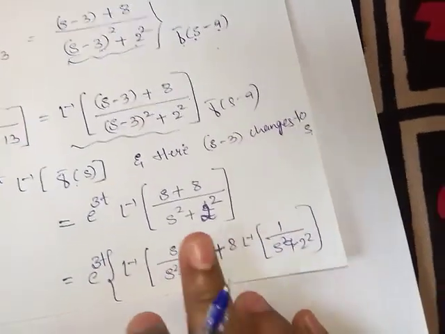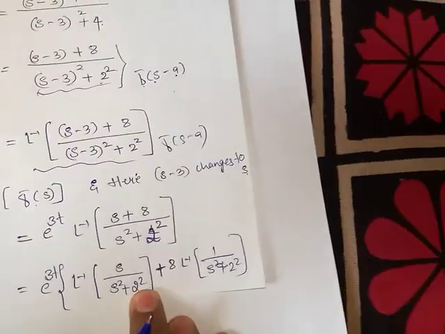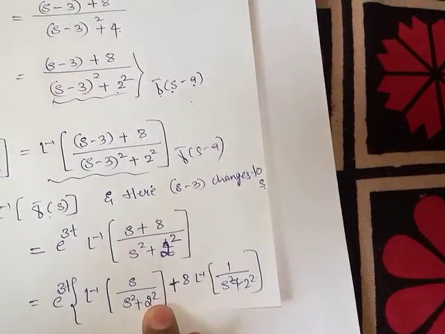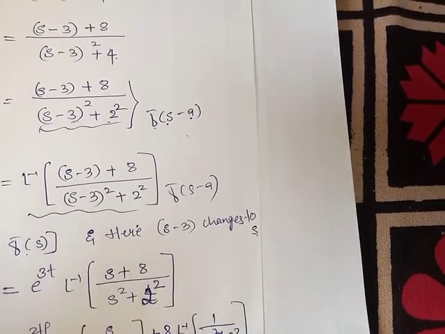See here, s divided by s square plus 2 square is cos 2t, and here 1 divided by s square plus 2 square is there.